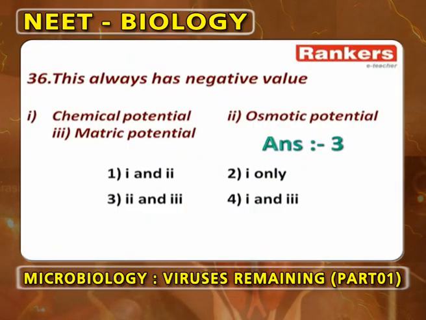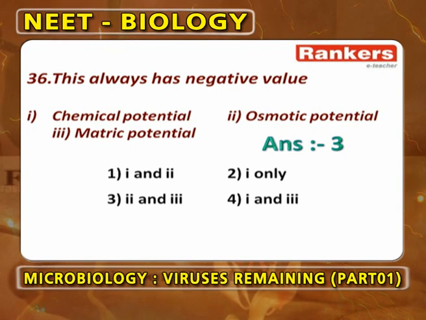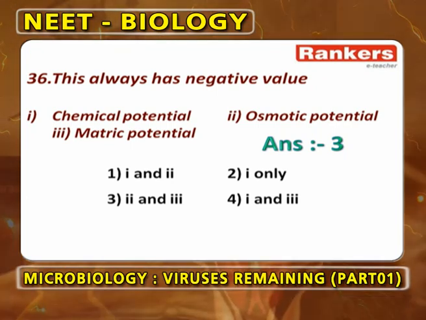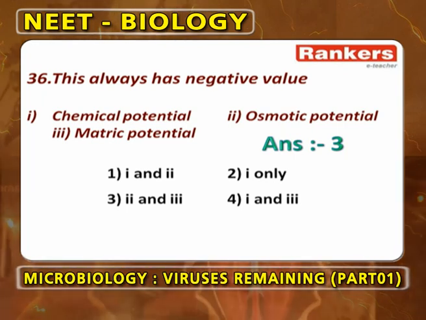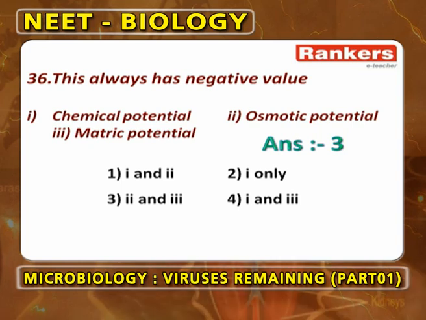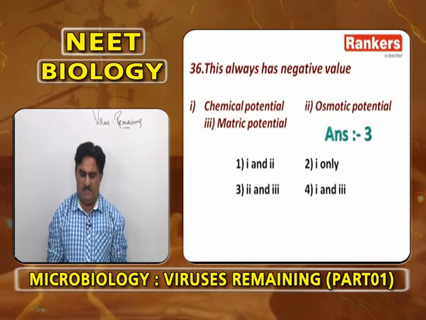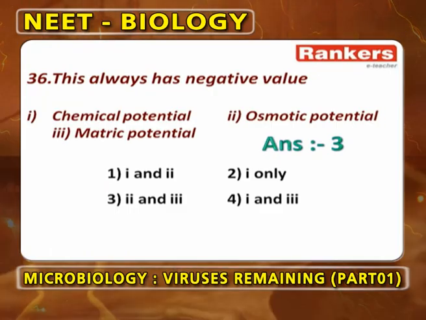If free energy is reduced, the value will be negative, because pure water is 0, and less than that is always negative. So, which definitely has a negative value means not chemical potential, but osmotic potential and matric potential. So, answer is 3. 2 and 3 definitely have negative values.